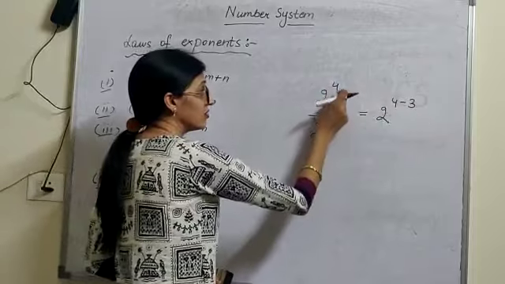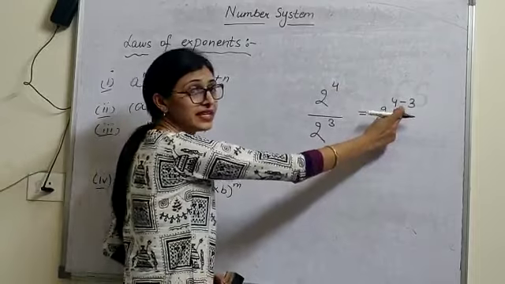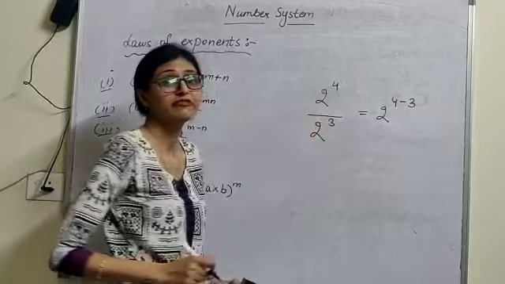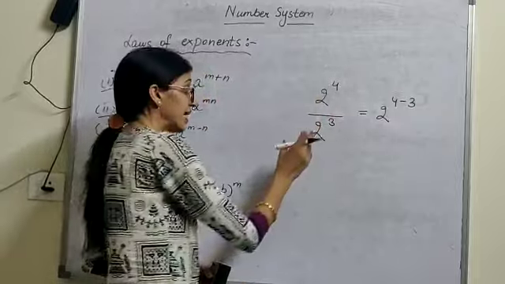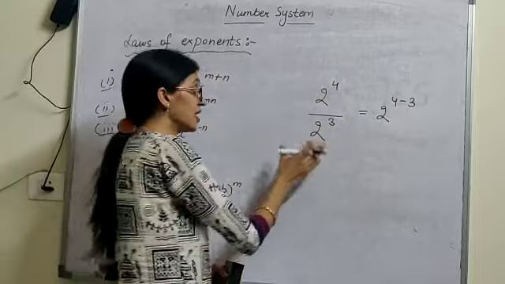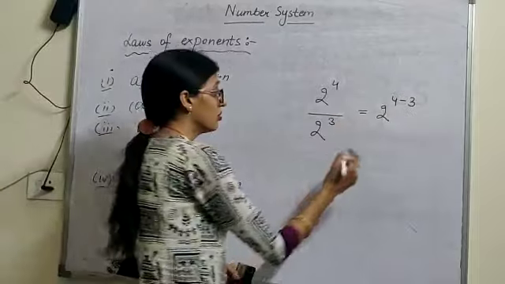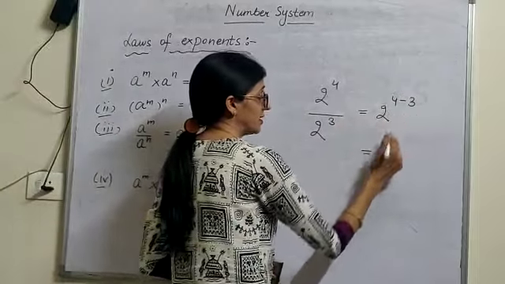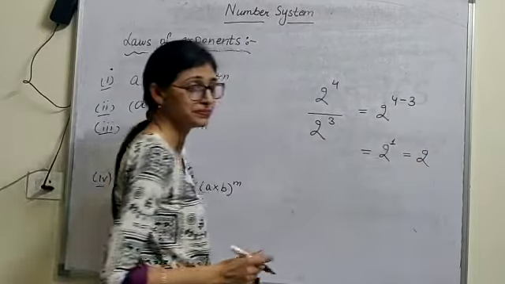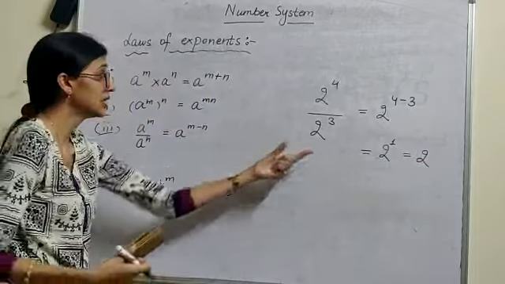The power which is in the denominator goes to the numerator with a negative sign. If it is already negative, then it will become positive when it goes to the numerator. That is, the sign changes when the power goes from the denominator to the numerator. So 2 raised to power 4 minus 3 is 2 raised to power 1, or you can write it as 2. Now this is the third part.